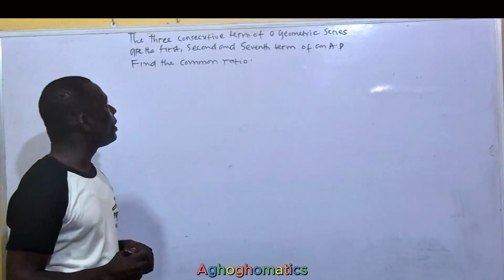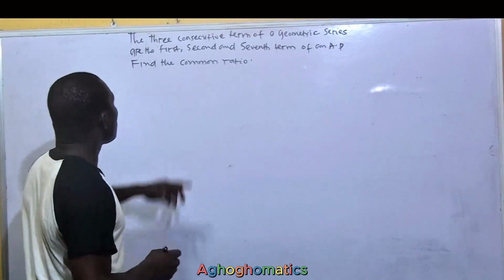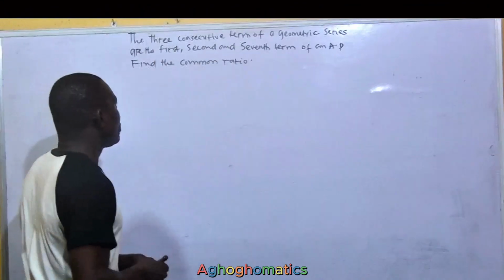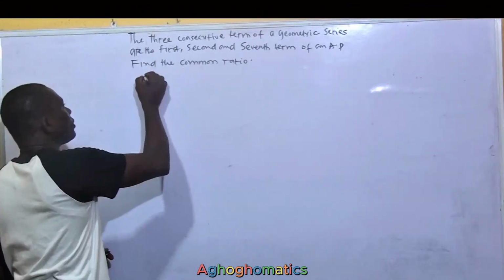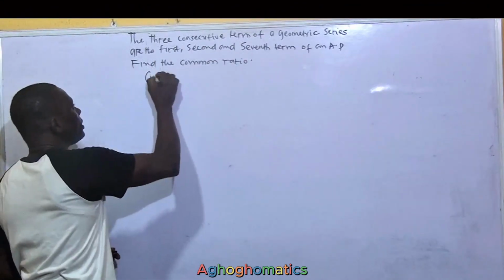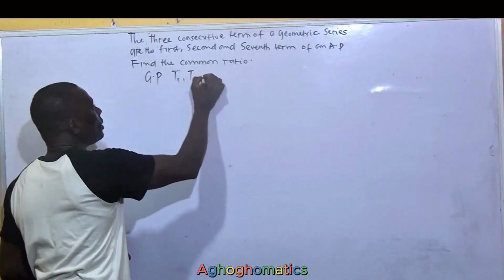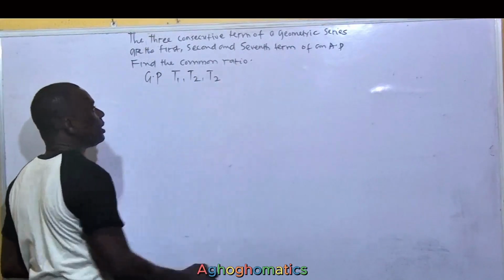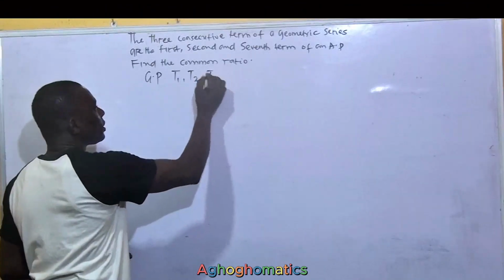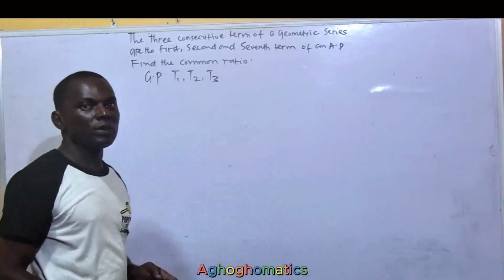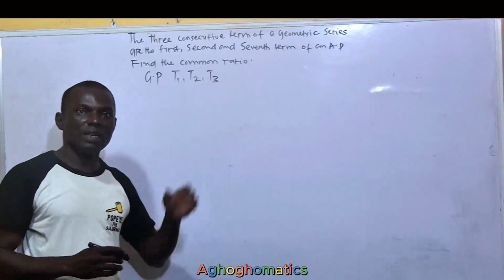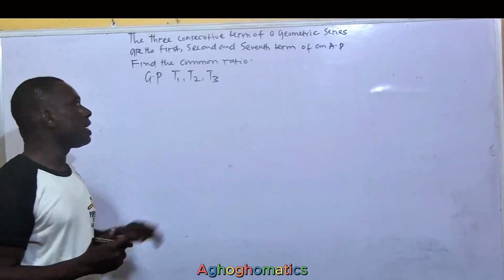The first thing to do here is to look at the word consecutive. Consecutive means, for that of the GP, T1, T2, and what? T3. That's the meaning of consecutive. They move on simultaneously in that order.